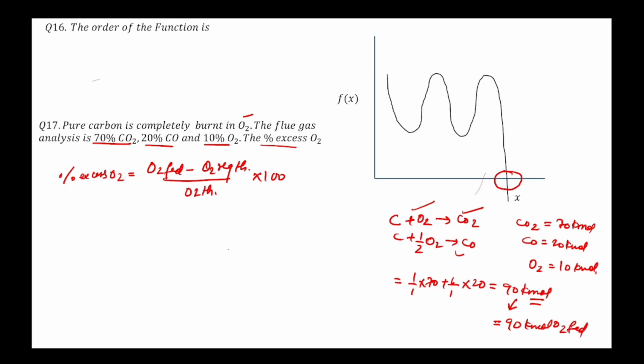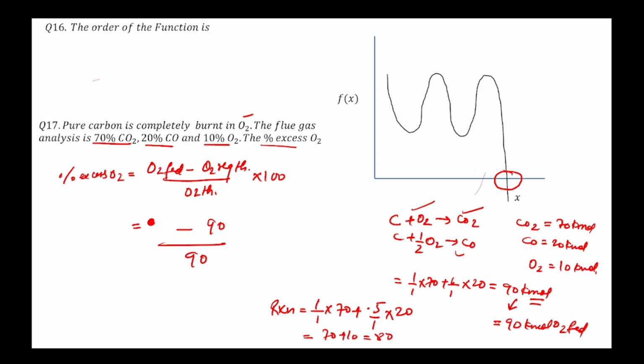This is the O2 theoretically required, which corresponds to the stoichiometric. So 90 divided by 90. Let's see how much O2 is fed. So O2 reacted by reaction 1, 1 by 1 into 70 plus 0.5 by 1 into 20, 70 plus 10 is equal to 80.